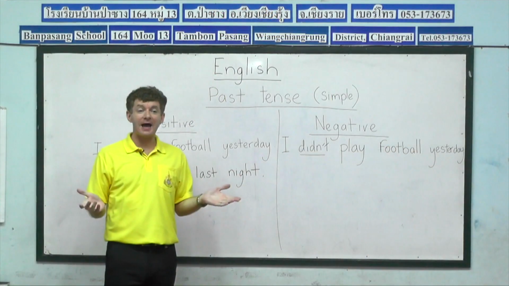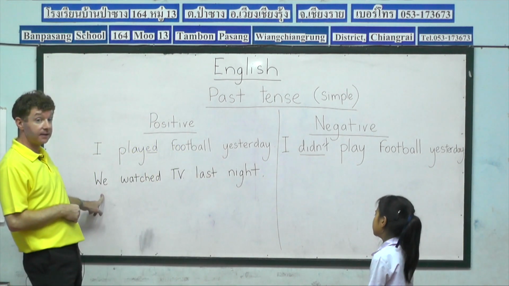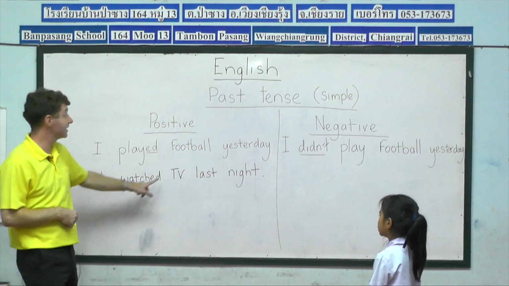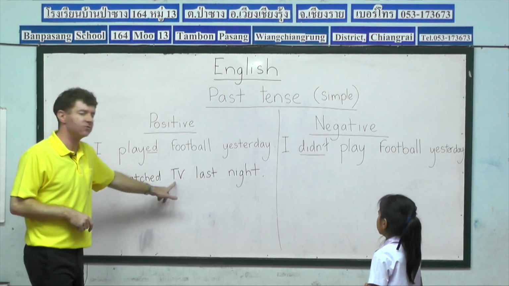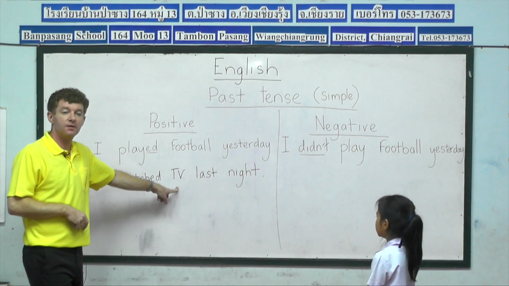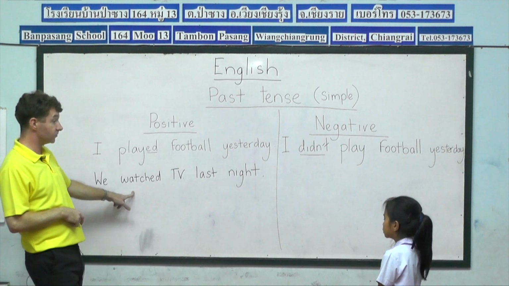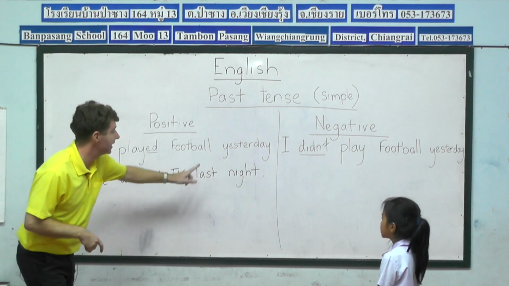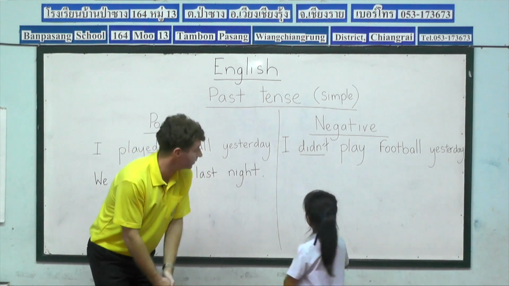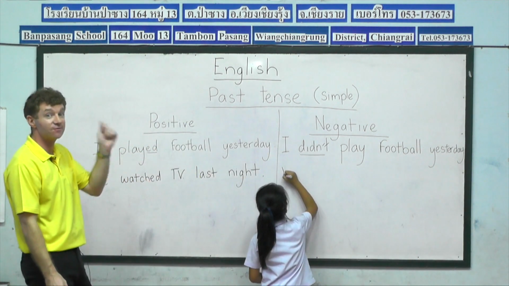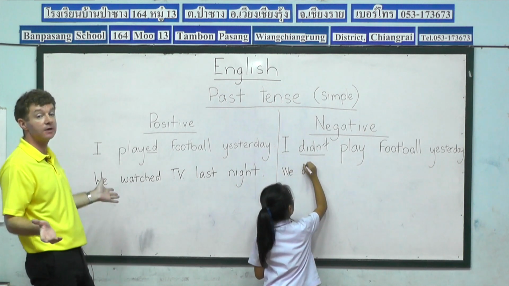So first of all, guys, let's read our positive statement together. We watched TV last night. And what does TV stand for? Television, yes. So we watched TV last night. And now my assistant Prel is going to write the negative form of this sentence. So we, and then what's the word we need, guys?